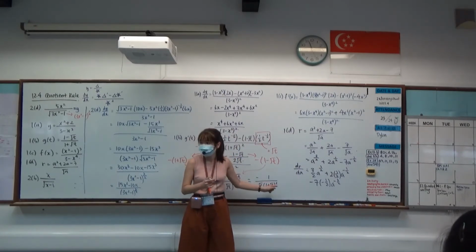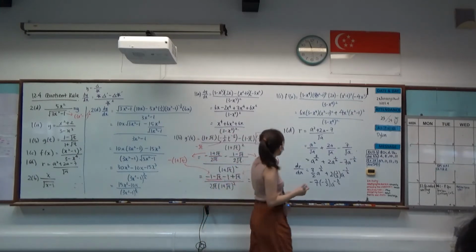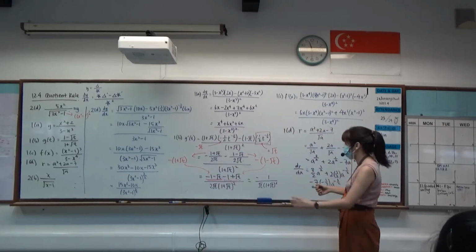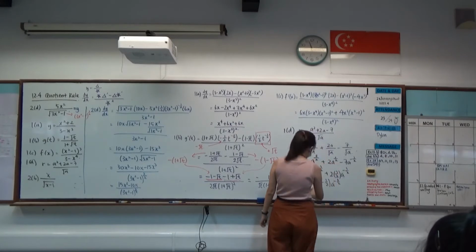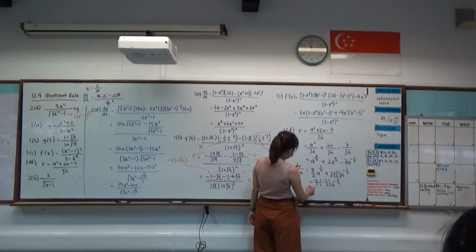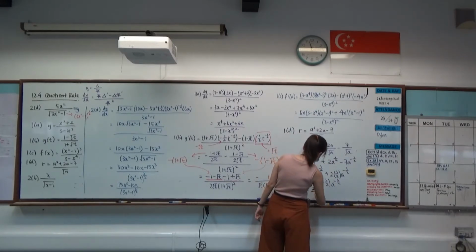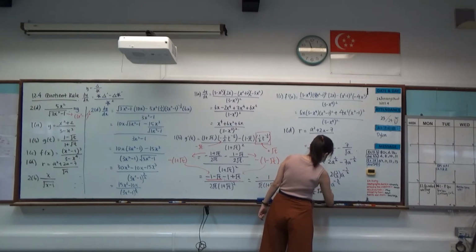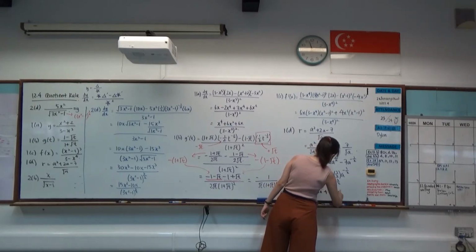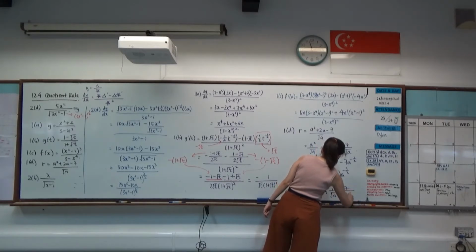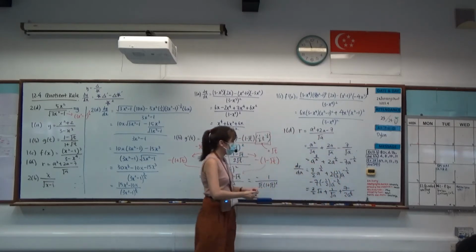Do you have any mistake? 1b. Now wait, let me finish this out first. Okay, so we will get, as we say here, 3 over 2 square root a plus 1 over square root a plus 7 over 2 a to the power 3 over 2.